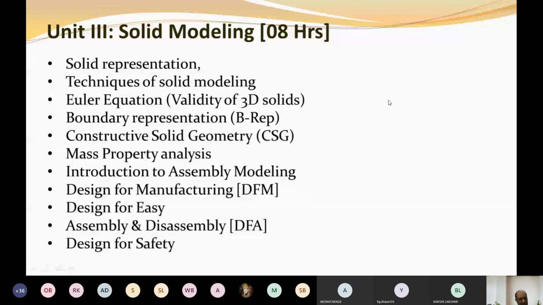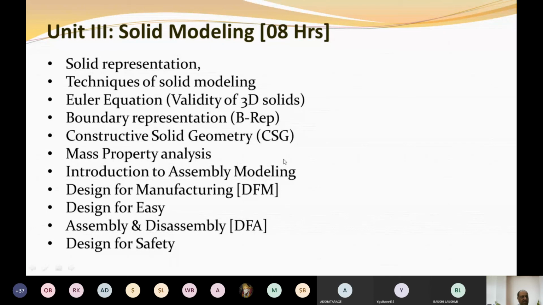Once that equation is satisfied, it means this solid is a valid solid, that it does not have some opening. We will see why this equation is important. Then boundary representation, how solids can be represented, or constructive solid geometry, how a solid can be modeled with the constructive solid model.